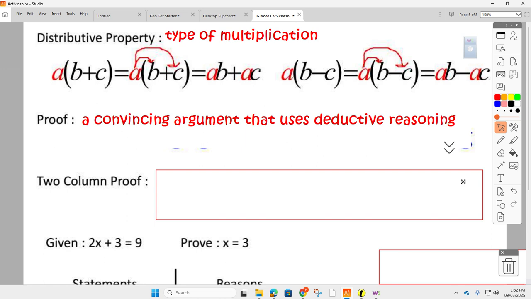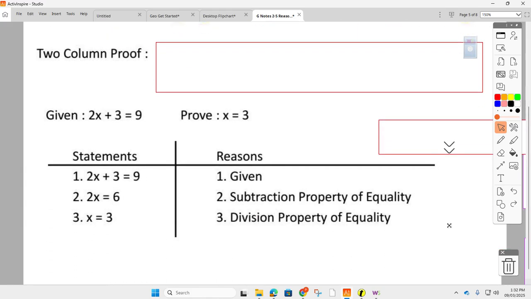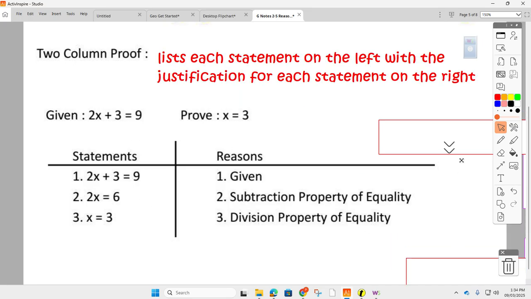And the proof on your notes is an example of that. So this is a 2-column proof. I'm sorry, I need to go back up, don't I? Yeah. Sorry. There we go.